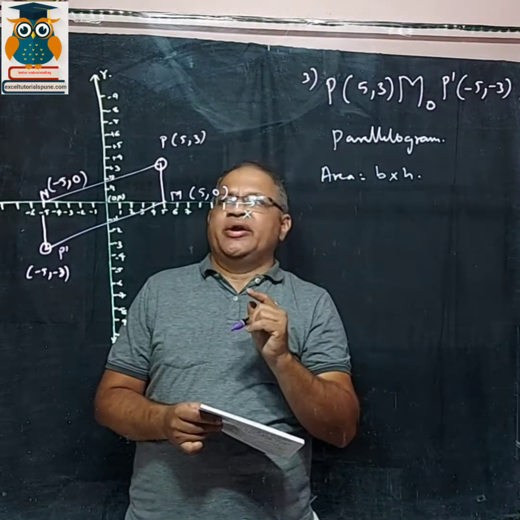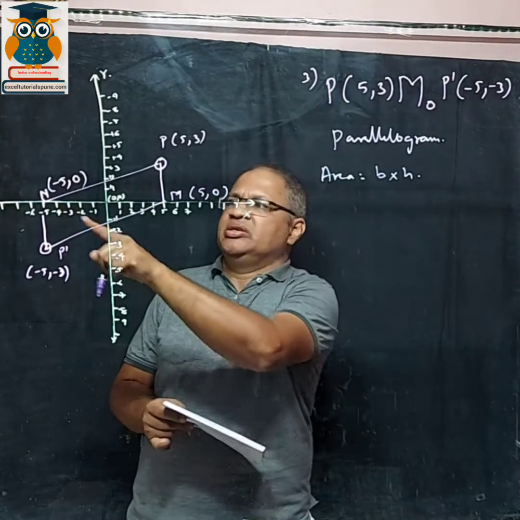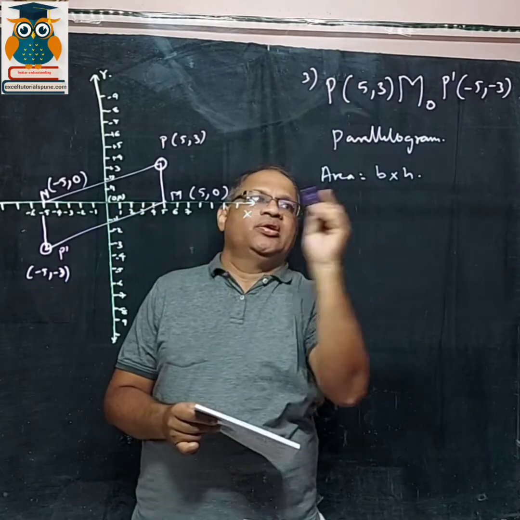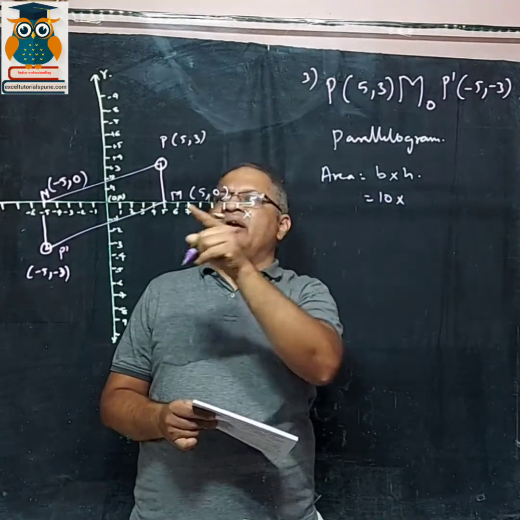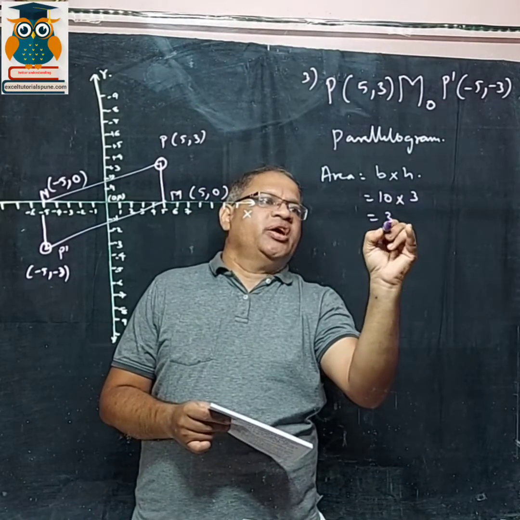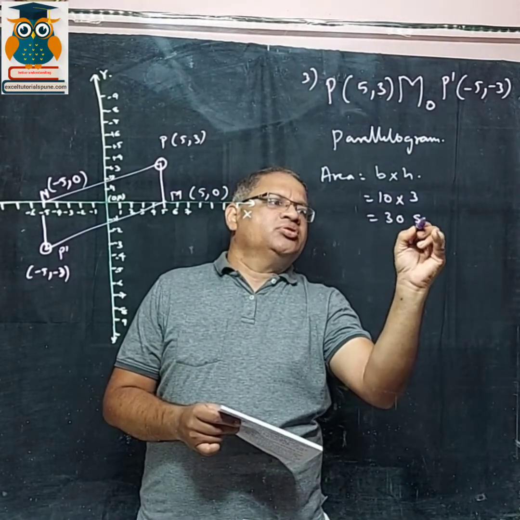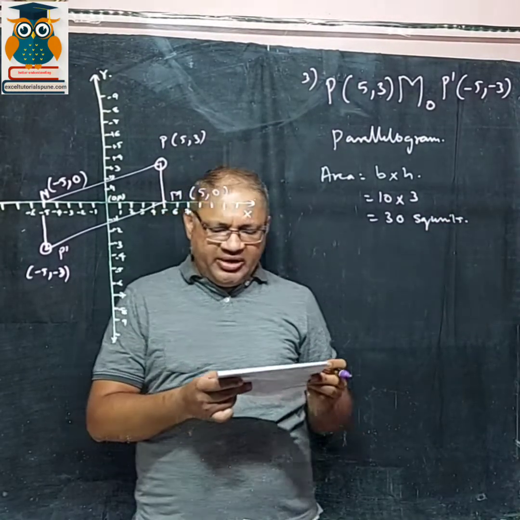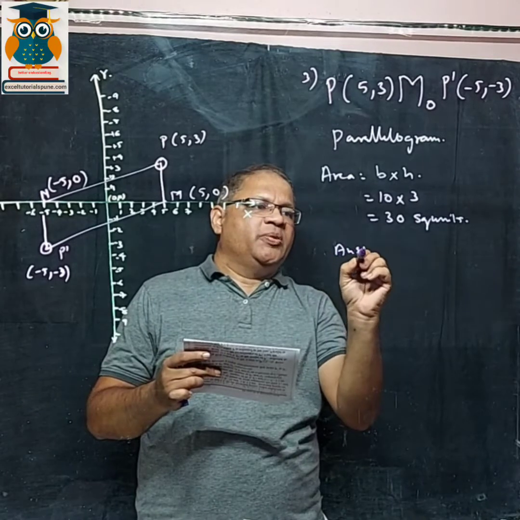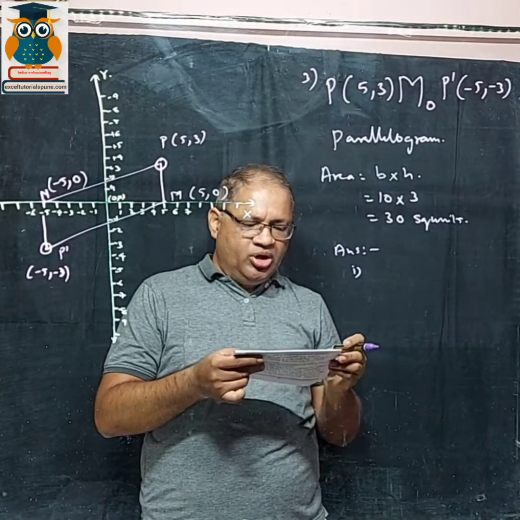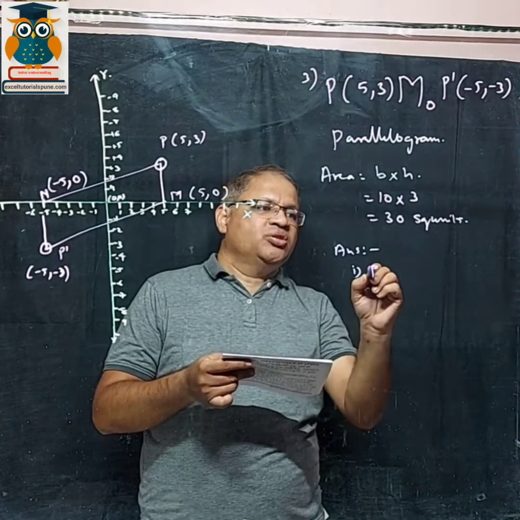So base into height. So base, count the number of boxes. 1, 2, 3, 4, 5, 6, 7, 8, 9, 10. So base is 10. Height is how many boxes? 1, 2, 3. So 3. That's 30 square units. Alright. So that's how we get this. Write the answers properly. First part they ask the coordinates of P dash.